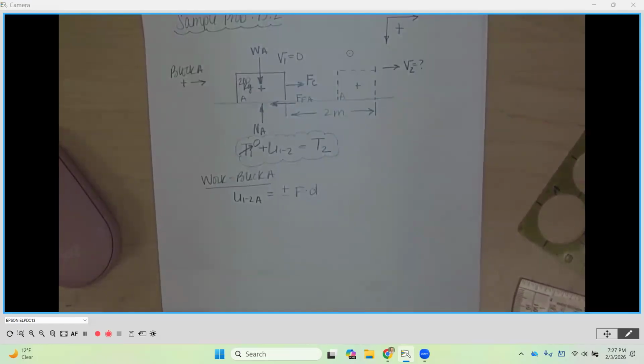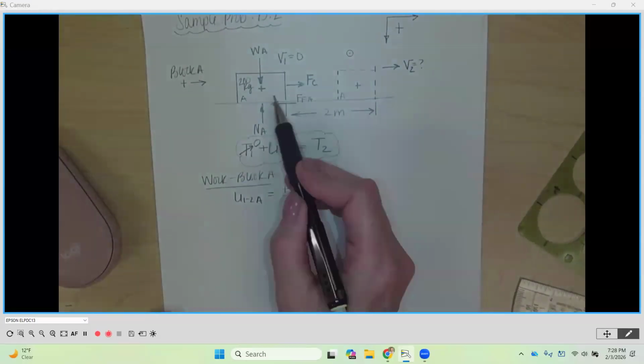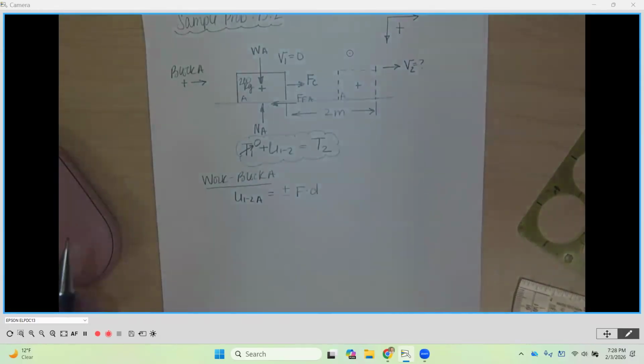In the act of me lifting it up a distance and putting it on my back, work was done. But once I start walking, no more work is done on that backpack because the direction of the weight isn't in the same direction as the path that I'm taking. You guys kind of remember that, right? So that's why when I look at work, the vertical forces are not involved, because I'm interested in a horizontal distance. So my forces have to be horizontal.